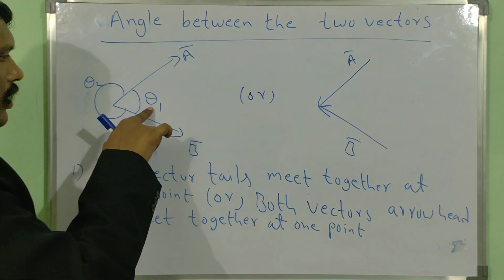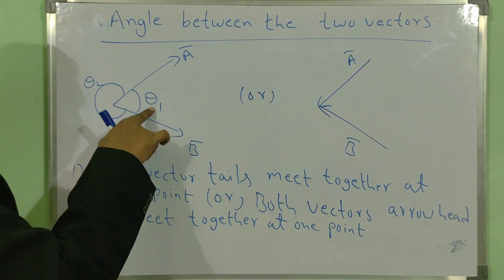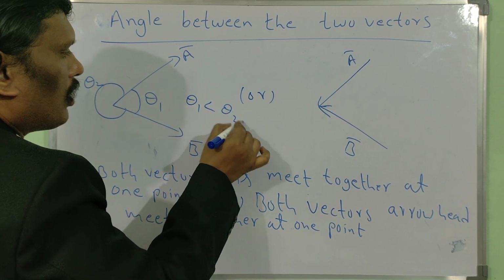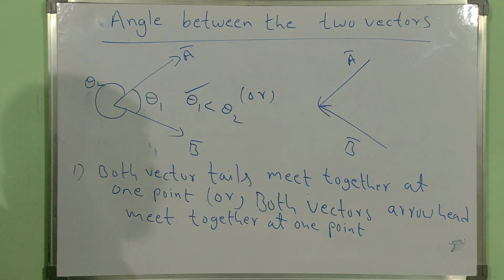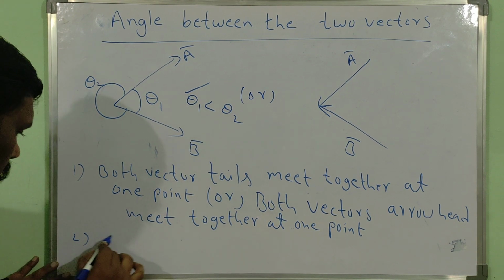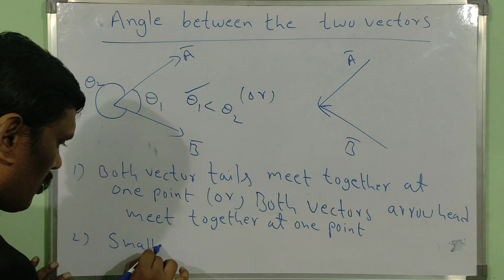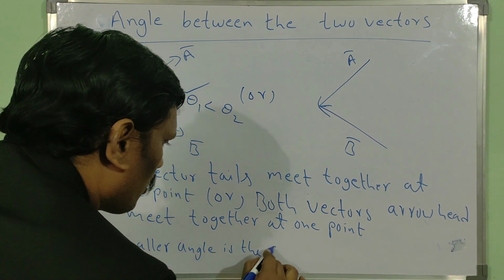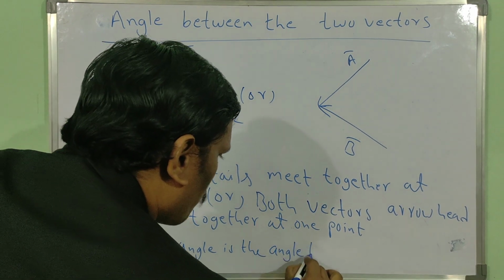Compared to theta 1, theta 2 is larger, theta 1 is smaller. So theta 1 is smaller than theta 2. The smaller angle is the angle between the two vectors. So that is the second point.